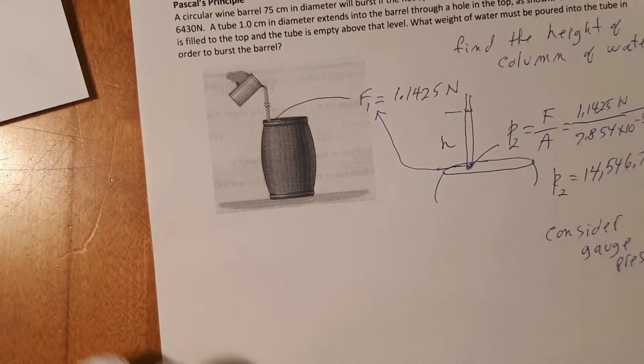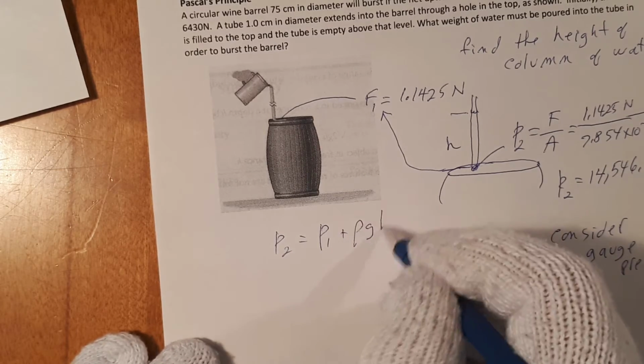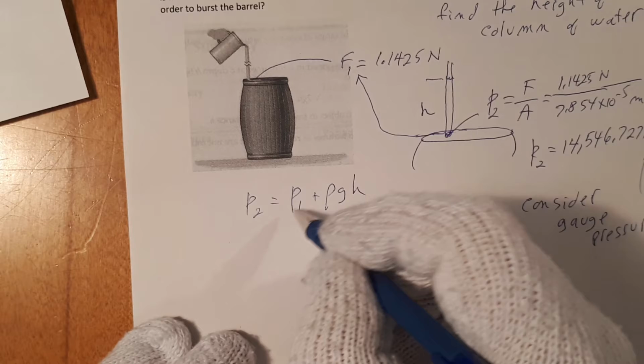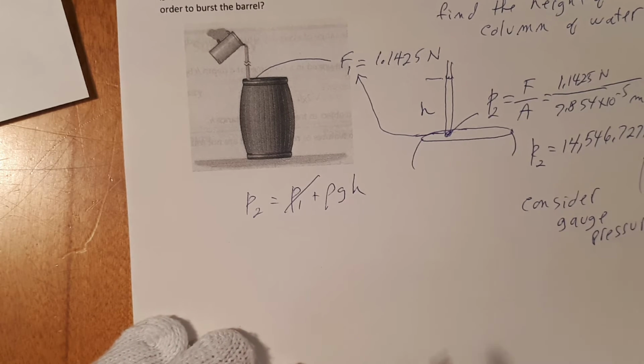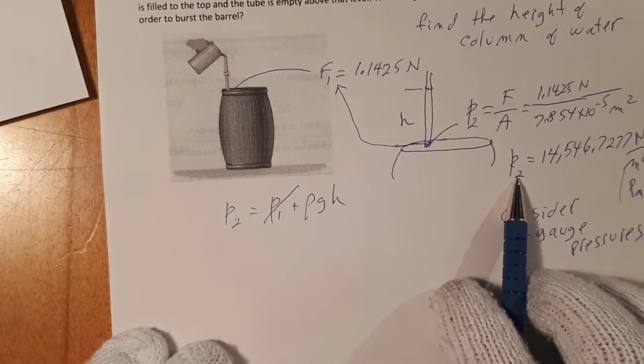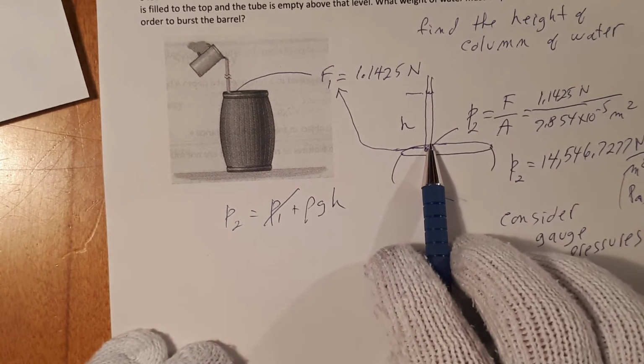We're considering only gauge pressure, such that we're not going to involve the atmospheric pressure. Here's the equation we're going to use, equation 23: pressure at 1 plus rho g h. Since we're not going to include the atmospheric pressure, it drops out. Same as here, we didn't include the atmospheric pressure. We just calculated with the force over the area, so that's the force of the weight of the column of water.